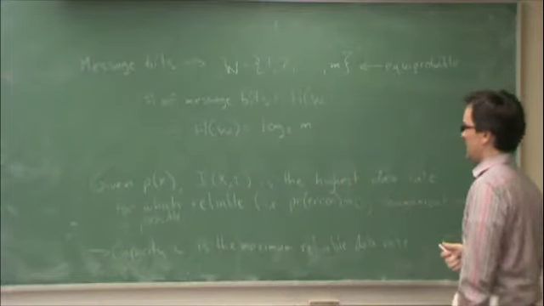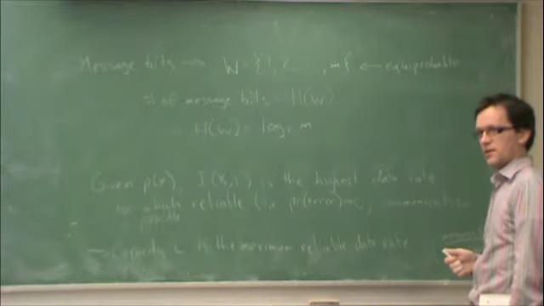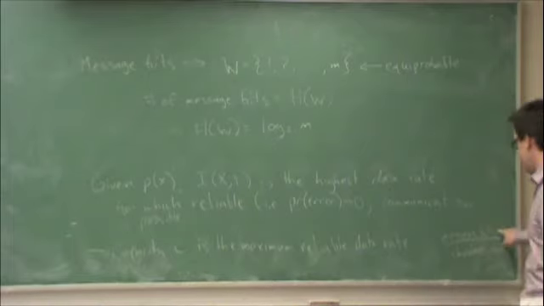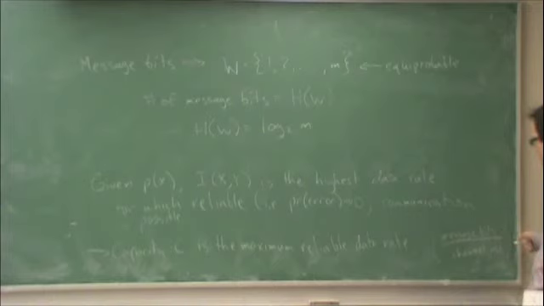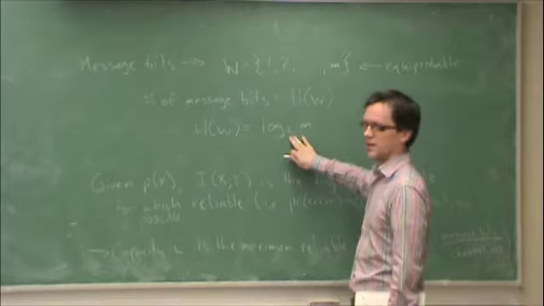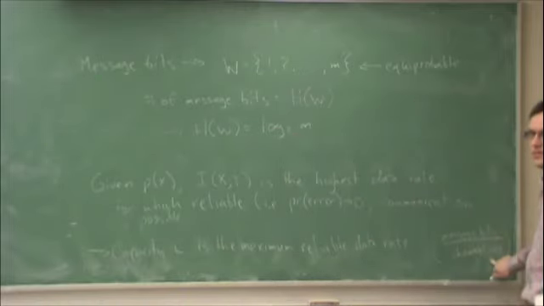So basically that's the number of bits you need to express any particular message. I'm expressing information in terms of bits, so the base of my log is 2, and basically I'm calculating the number of message bits per channel use.